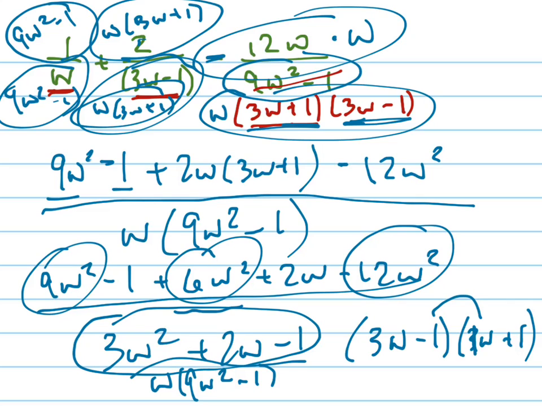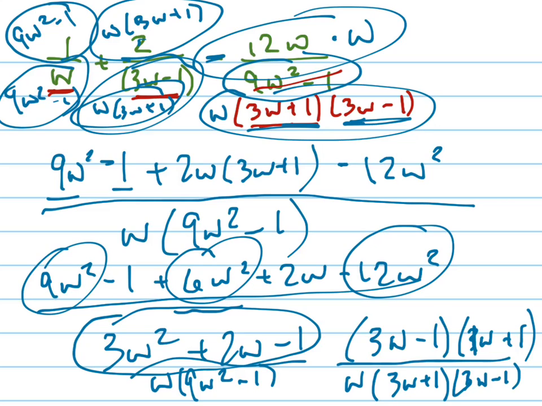Negative w plus 3w equals positive 2w. So if I break this back apart, I get 3w plus 1, 3w minus 1. These would cancel out. This was just a 1, w plus 1, so nothing else cancels out.